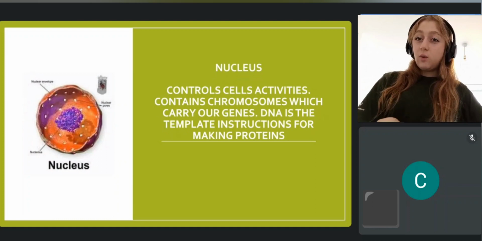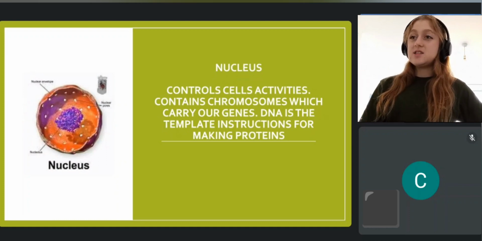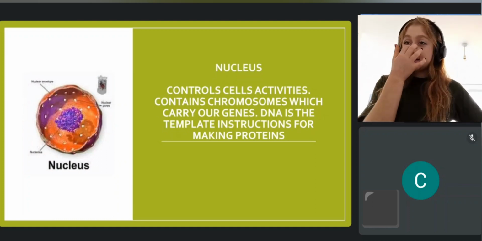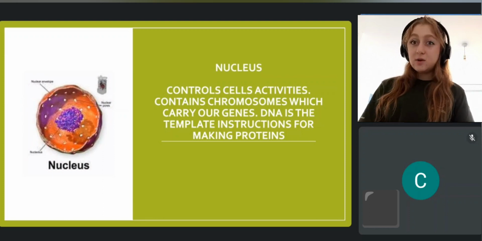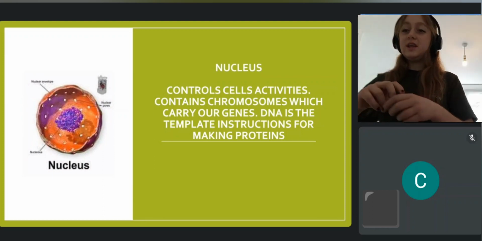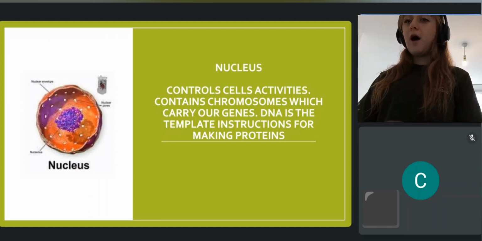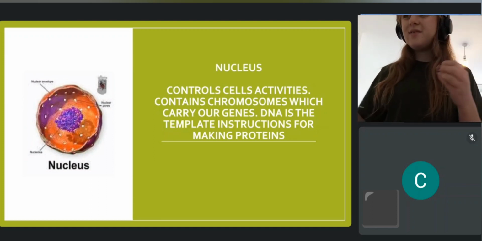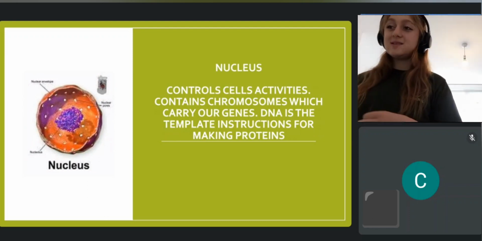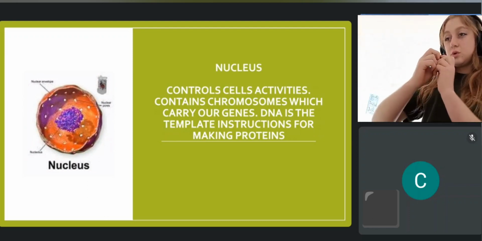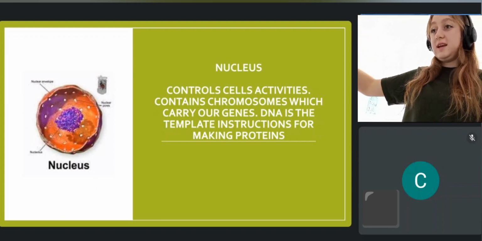And so, one of the organelles inside the cell is called the nucleus. The nucleus contains our genes, which are stored in something called DNA, which is a long strand which has the code for how we are as human beings. So everything that you look like, the color of your eyes, the color of your hair, is all stored inside this long chain of DNA.